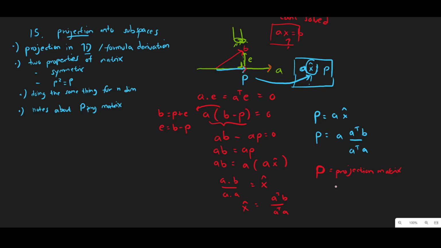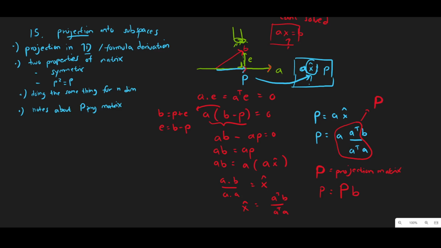So there must be a matrix that acts on b. We name it capital P, so that P b equals the projection, our final projection. And what is p? It is clearly here. So if we just play around with the parentheses, this will be our big P.